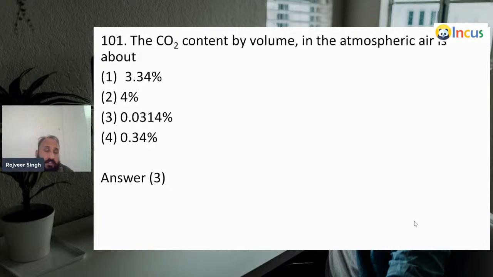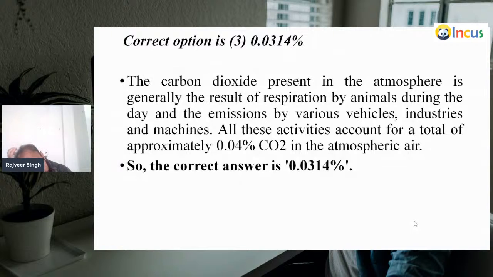This is again a very good question from the point of view of CO2. The constant carbon dioxide content by volume in the atmospheric air is about 3.344%, 0.0314%, or 0.34%. The answer will be third, because the carbon dioxide present in the atmosphere is generally the result of respiration by animals during the day and the emission by various vehicles, industry and machines.